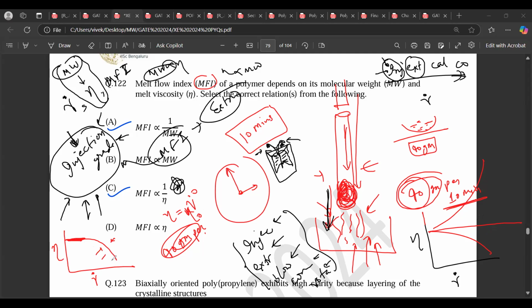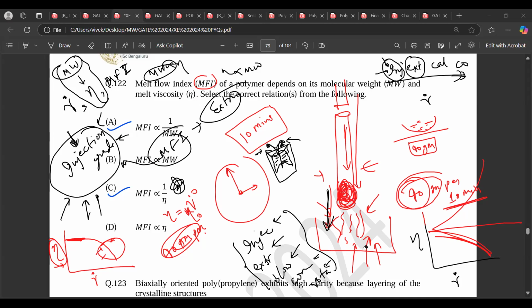With shear rate, it starts decreasing. So higher shear rate, lower viscosity, right? So when viscosity is lower, the thinner the liquid is, the more easily it can flow, right? In the intricate structure of the mold, right?